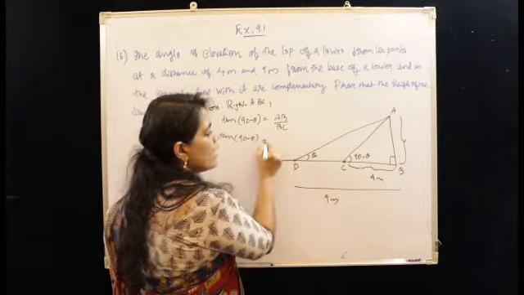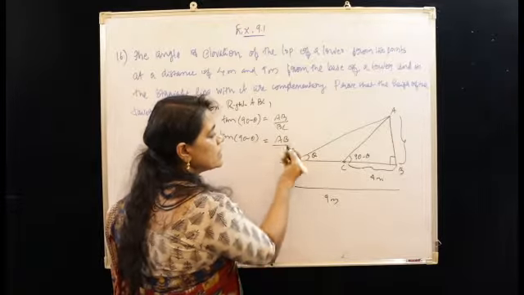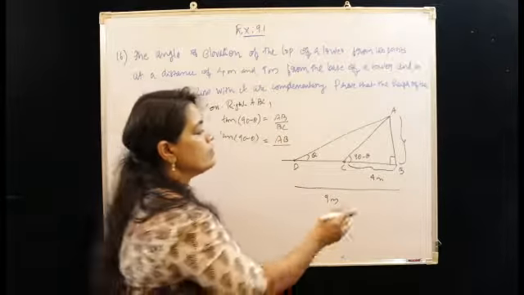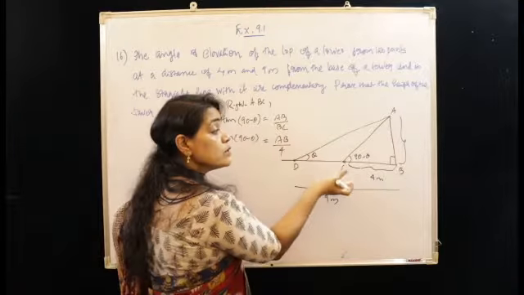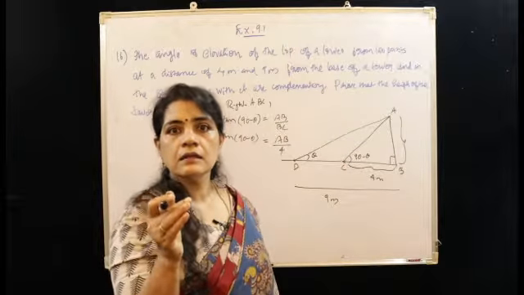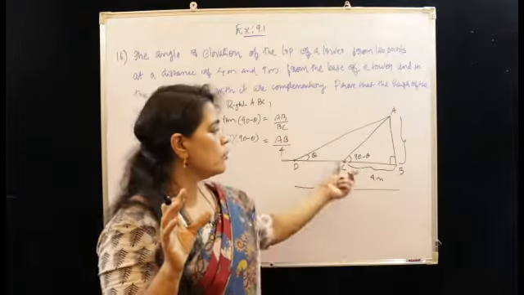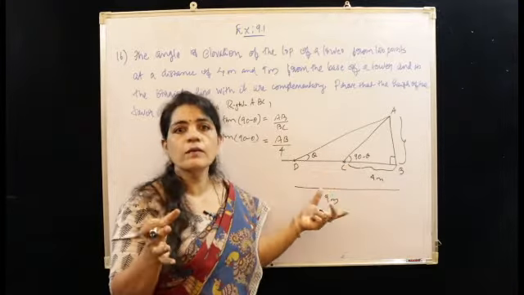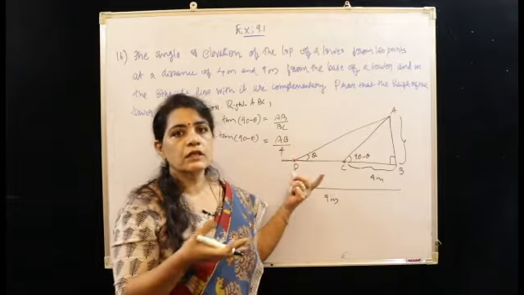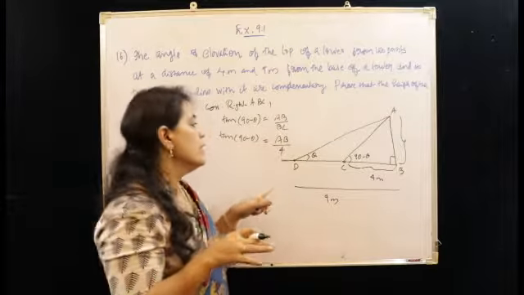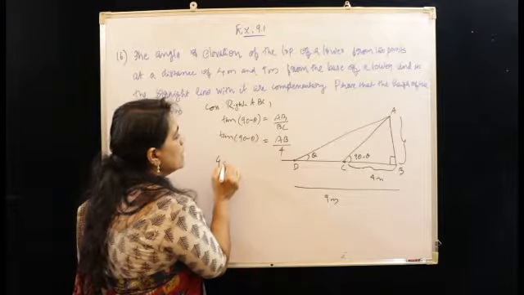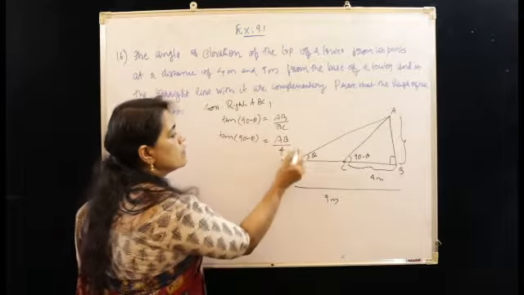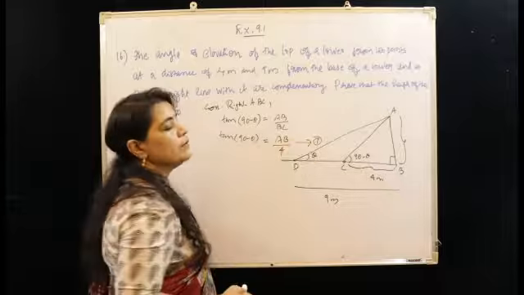AB is the required height, which we have to prove is 6 meters, and BC is given as 4. Also, AB is a common side for both triangles, so we can express both equations with respect to AB.